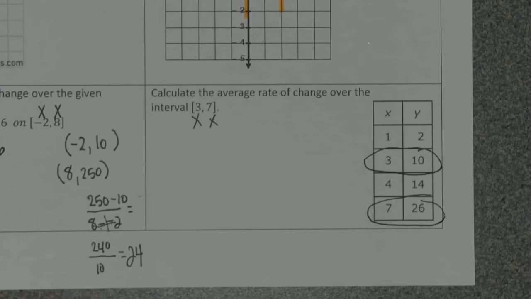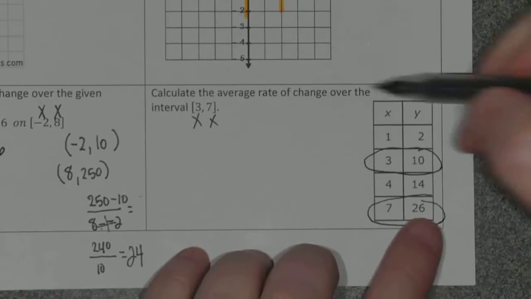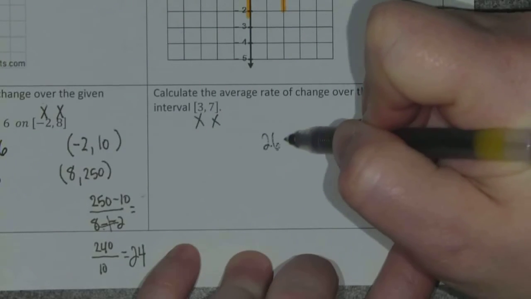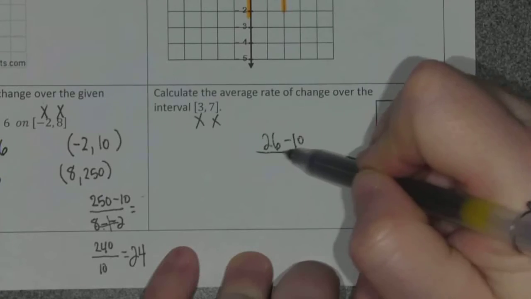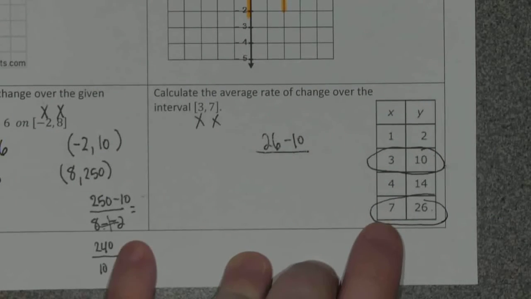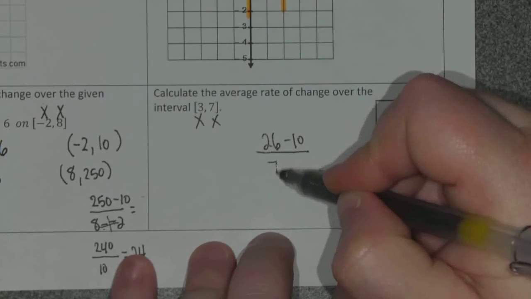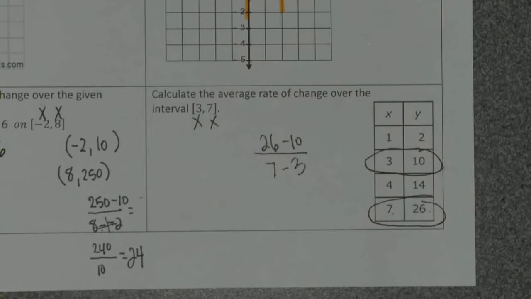Now what are we going to do? We're going to put it through the slope formula or the average rate of change formula, okay? So y minus y, 26 minus 10, over x minus x. So 7 minus 3. Questions on how I got that formula?